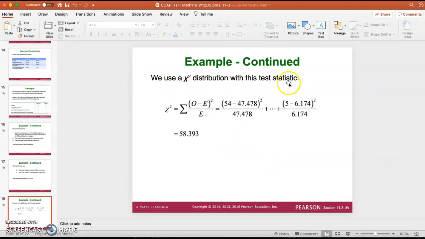And we would go through that process to find our test statistic of just taking all the observed values, subtract the expected frequencies, square that, divide it by the expected frequency, then add all those up for each pair of observed and expected frequencies, and we would end up with 58.393 for the chi-square test statistic.